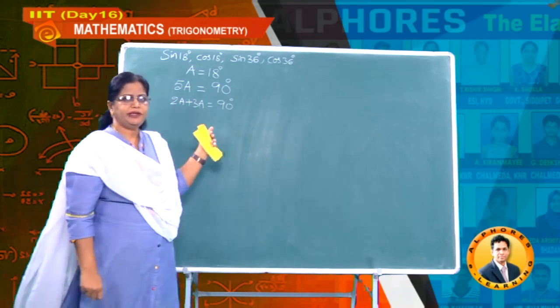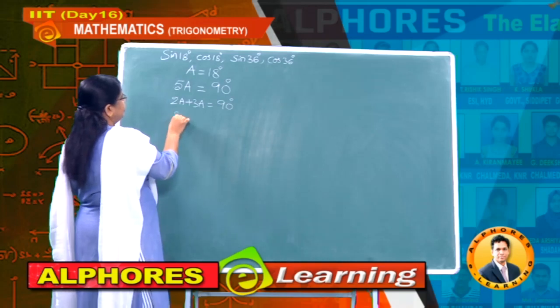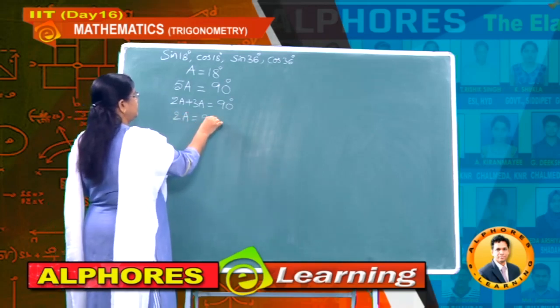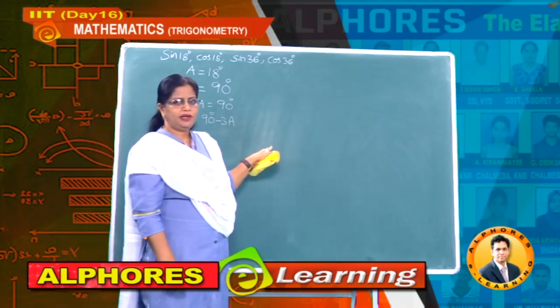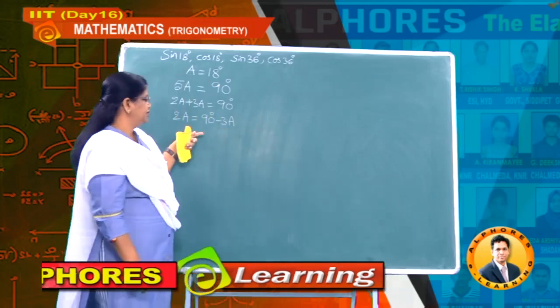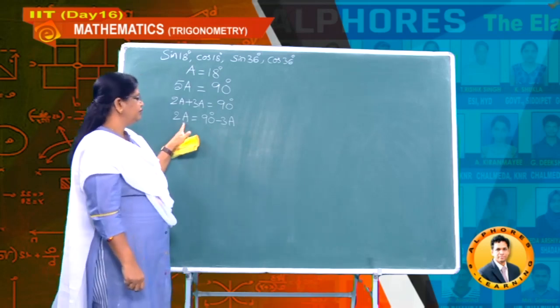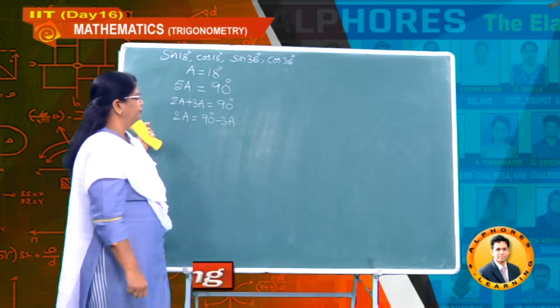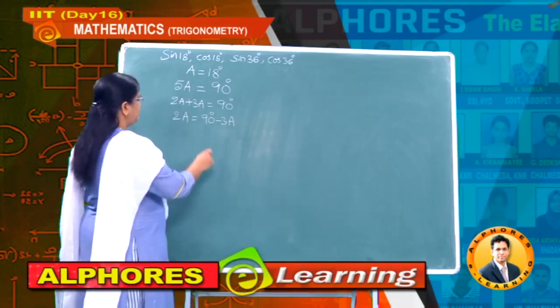Now let us send the 3A value to the other side. So 2A equals 90 minus 3A. You can send 2A to the other side instead, but then a few more steps would be needed, which is why I have sent the 3A value. Now, as it is a sine problem, let us take the sine function.